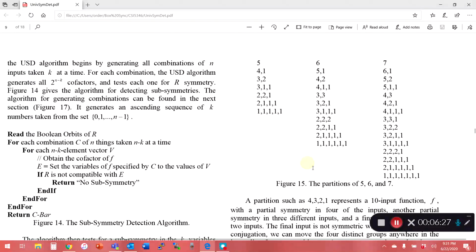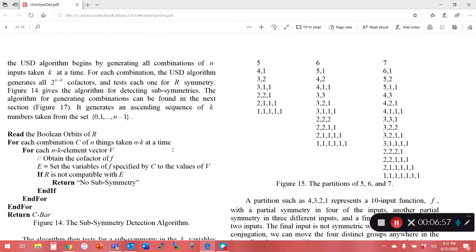If I have 2 integers greater than 1 and they are the same, I have to be very careful with that, because if I select all combinations of, say for this one, 2, 2, 1, all combinations of 5 things taken 2 at a time and then 3 things taken 2 at a time, I'm going to end up creating duplicates.